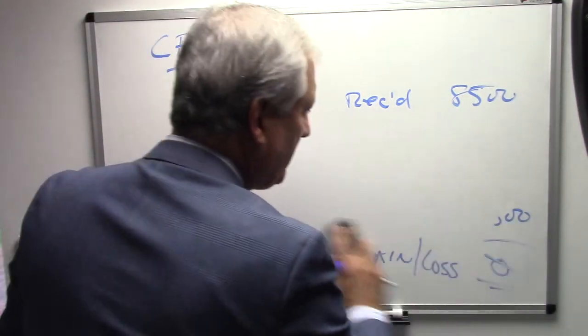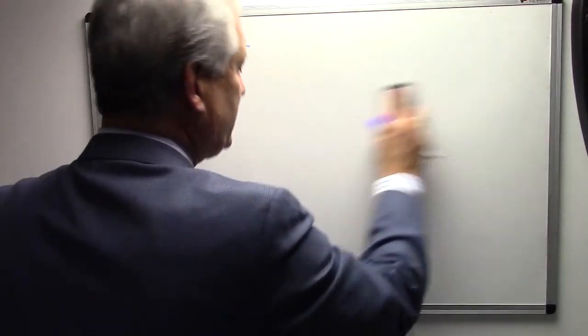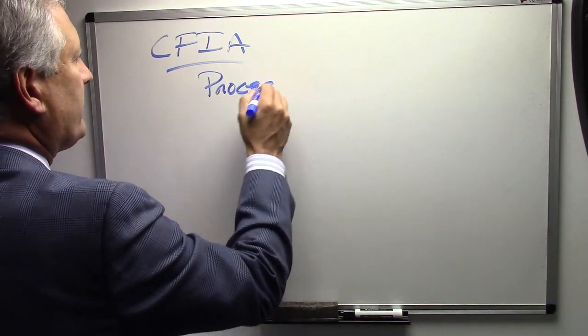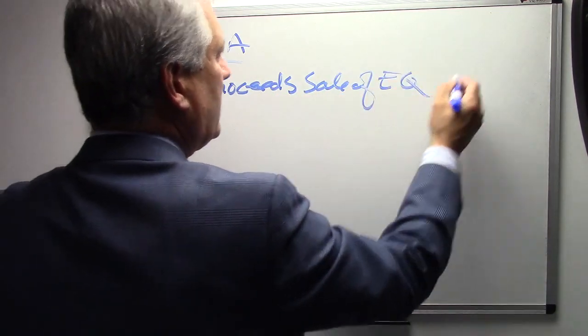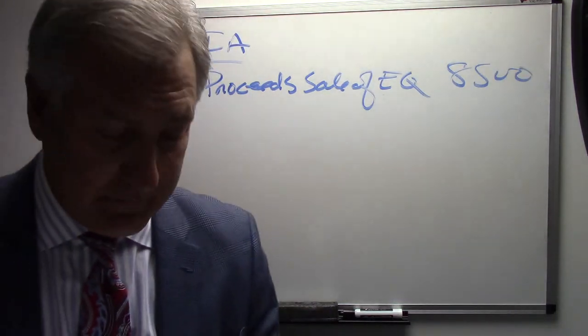But the number that's important here is that one right there. That is the cash received. So we're going to say proceeds, sale of equipment, $8,500. That's a cash inflow. That's a positive number.